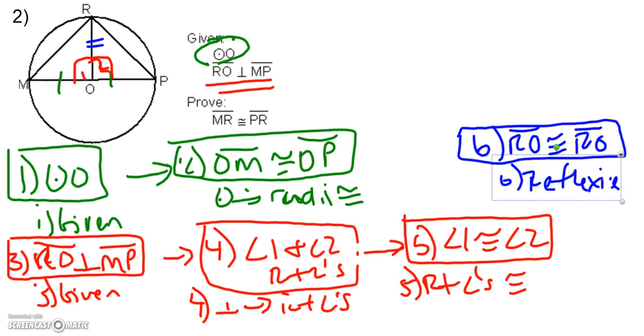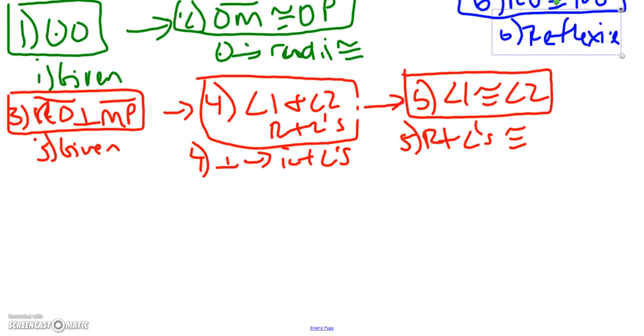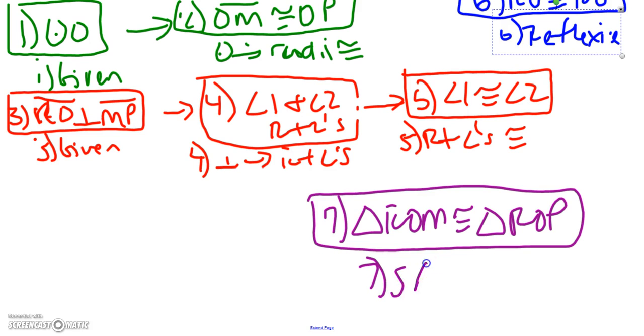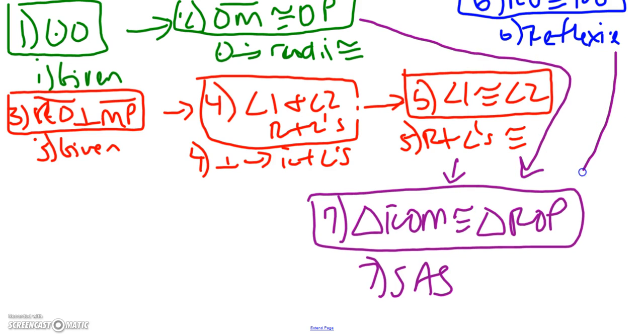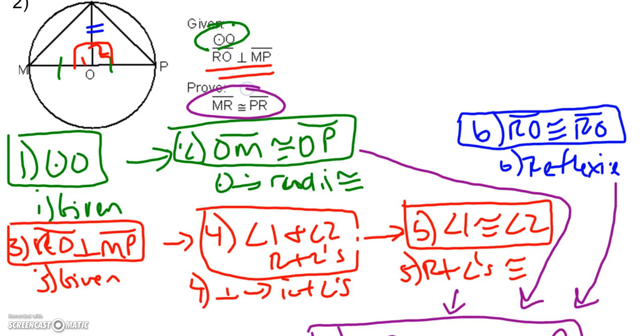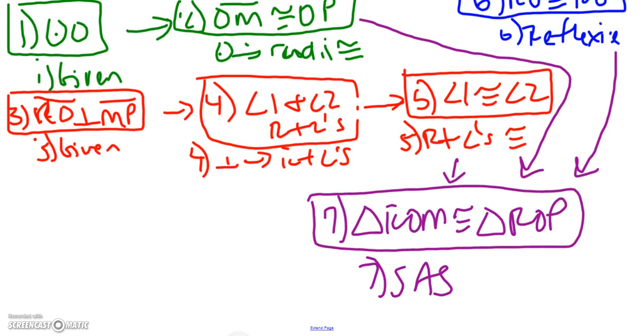So we can say that the triangles are congruent, ROM and ROP. The reason is from SAS, and it came from step 5, step 2, and step 6. And once we say that the triangles are congruent, we can then say the leftover parts we want that are in corresponding locations are congruent to each other, which are MR and PR.